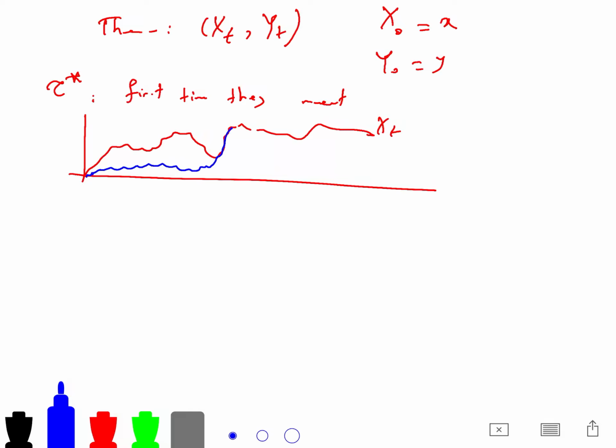Here is another stochastic process, but after some time they are equal. For example, this has been started from here. So after some time they meet each other, and therefore they coincide.